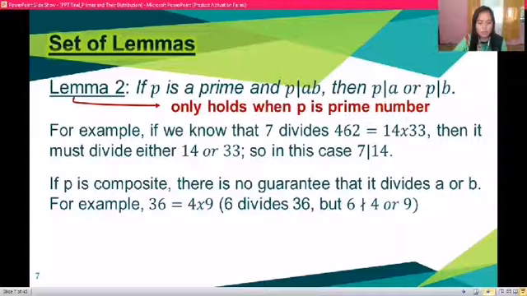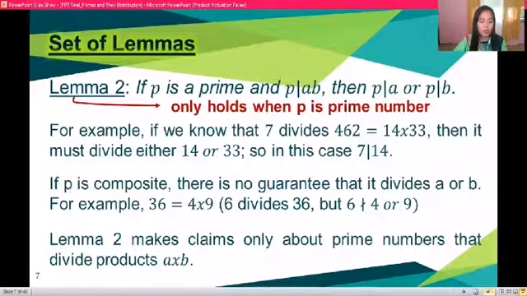Although 6 divides 36, it does not divide either 4 or 9. Lemma 2 makes claims only about prime numbers that divide products a times b.